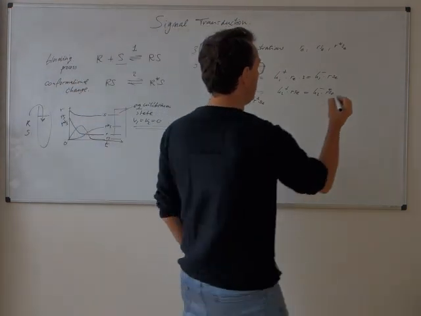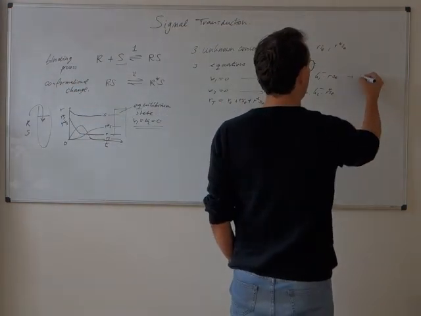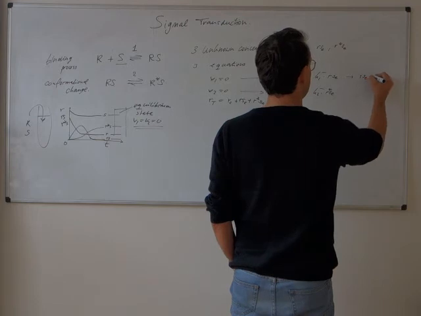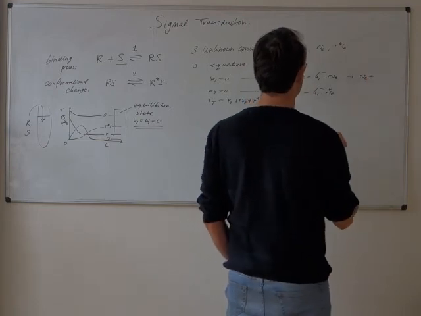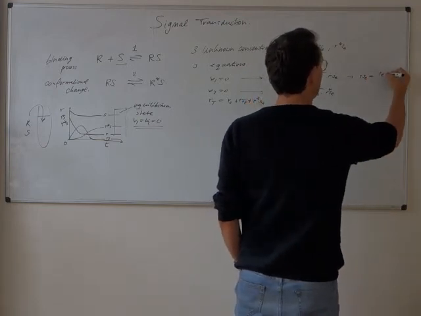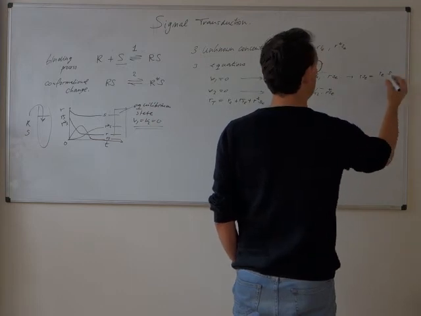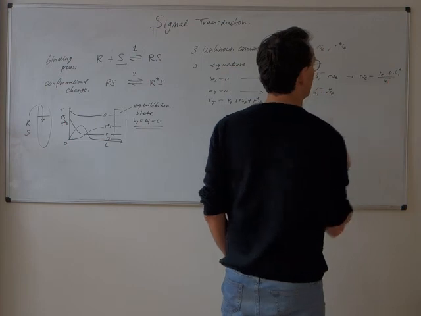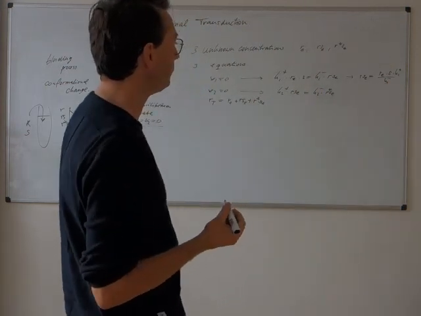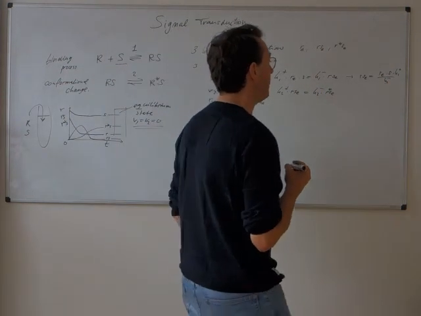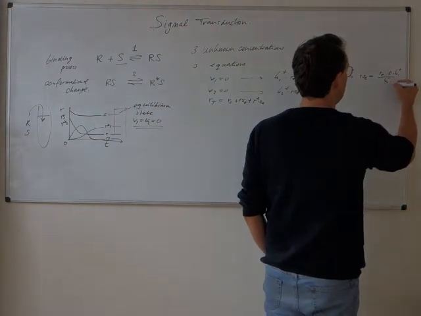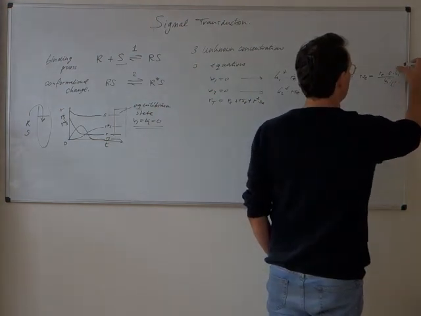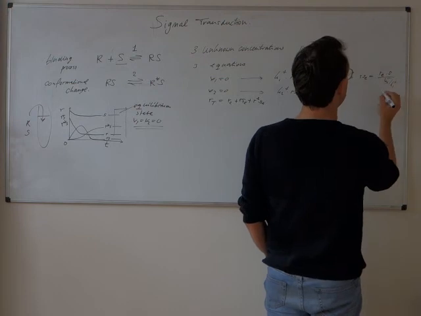This equation tells us that RSE equals RE times S times K1 plus divided by K1 minus. And we know from previous chapters that you can actually define a dissociation constant.